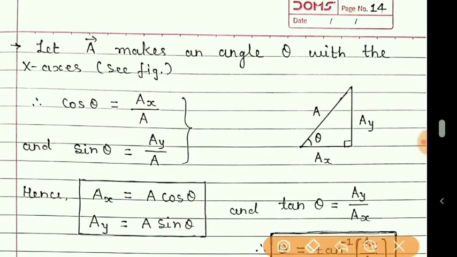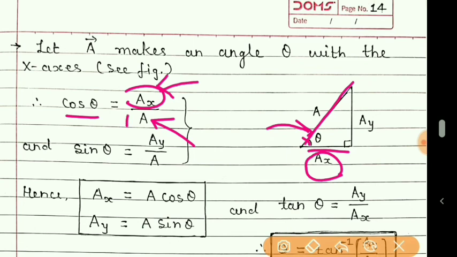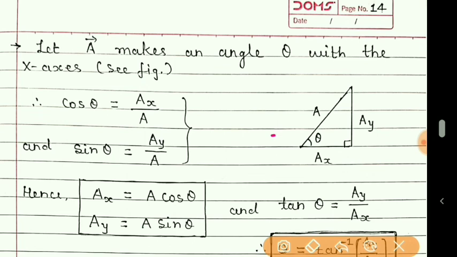So from this figure it is clear that with respect to this angle theta, this is the adjacent side and this is the hypotenuse. So cos theta is adjacent upon hypotenuse. So we have written here Ax upon A. Similarly, with respect to this theta, this is opposite and this is hypotenuse.